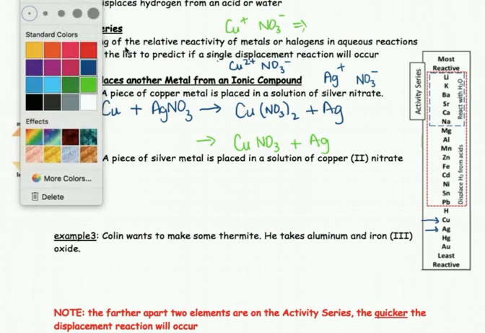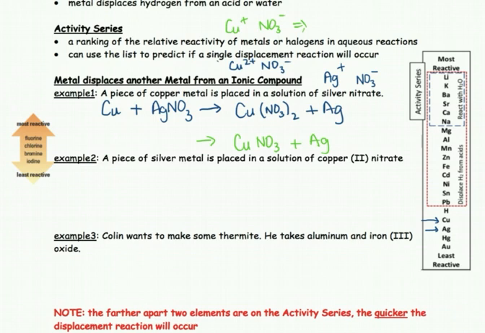So we have a piece of silver metal placed into a solution of copper 2 nitrate. Okay, so let's write that out. Copper 2 nitrate. If you want to show your work here, copper 2 NO3, and then you end up with that compound there.